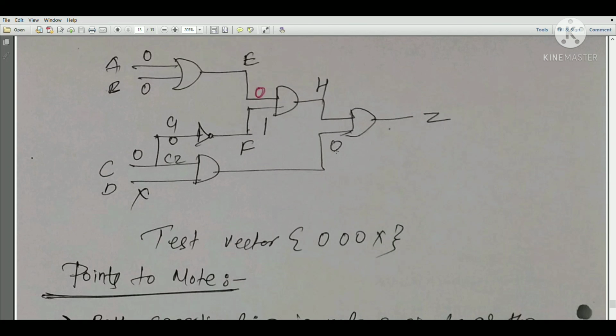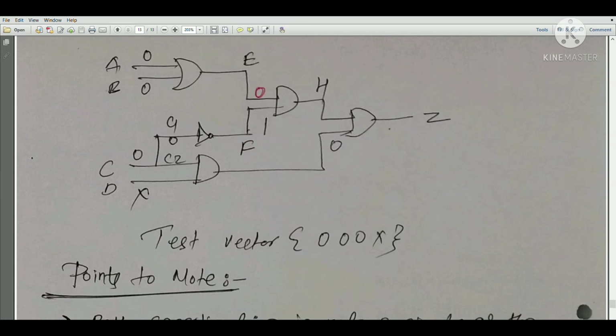So what is the test vector we have determined? We have determined it as 0, 0, 0 and don't care, because D is not affecting my logic. D can be anything because we have set C as 0. Because C is 0, whatever may be D, the output will always be 0. So D is my don't care. So 0, 0, 0 and don't care will be my test vector.